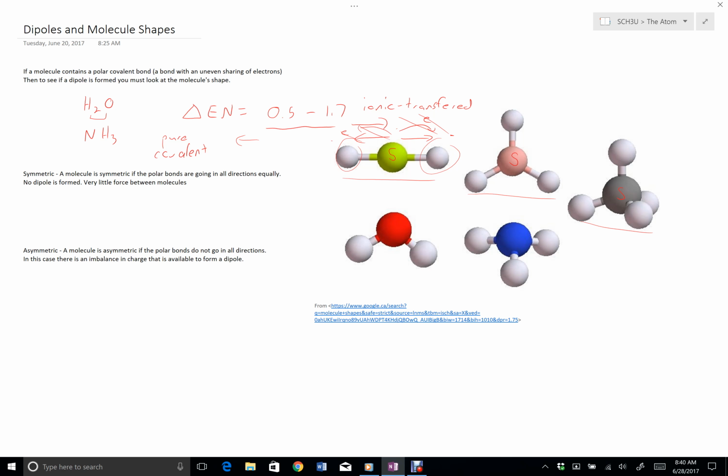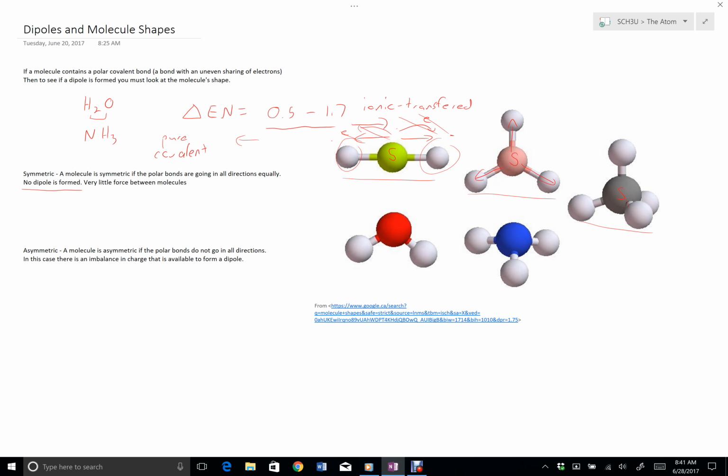And so with symmetric molecules, no dipole is formed. Any chance of the dipole that would have existed due to the uneven sharing gets spread in each direction evenly, and as a result, kind of like forces acting on a single point, it cancels out and there's nothing left over.